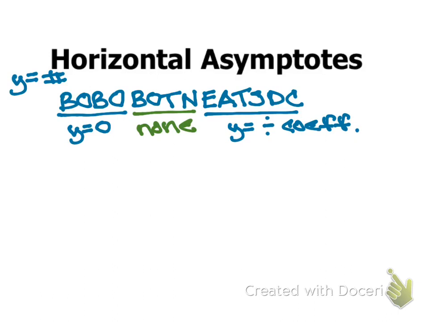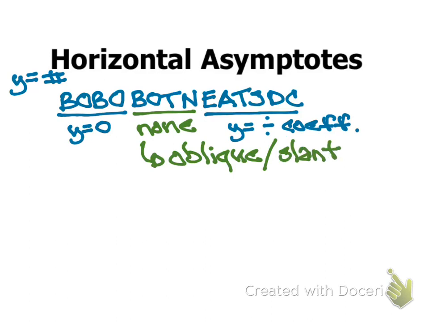Now, we need to talk about the none here for a second, because what happens when we have a none is when the power is bigger on the top, we end up with what's called an oblique or a slant asymptote.